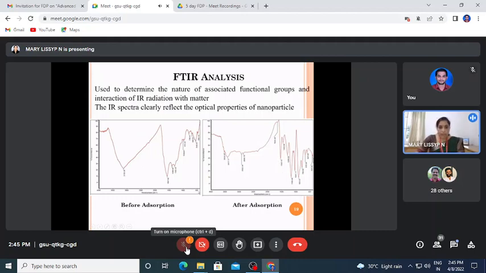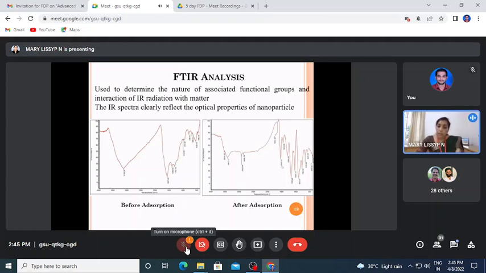See the band also. This 1567 is in between the 1500 to 2000 range. Here also the 1500 to 2000 range. The value is 1543. What has happened to that shift? 1567 changed to 1543. That means it reduced. What is the indication? Whether adsorption has taken place, and what type of adsorption it is.